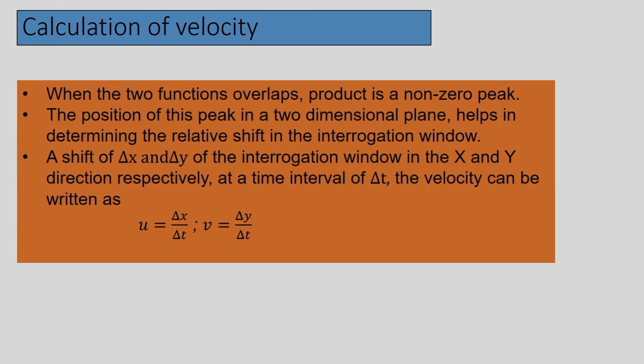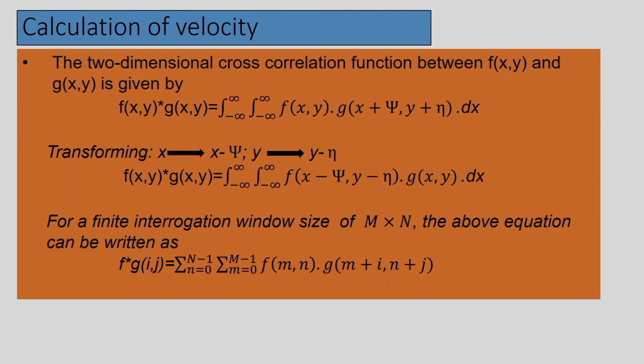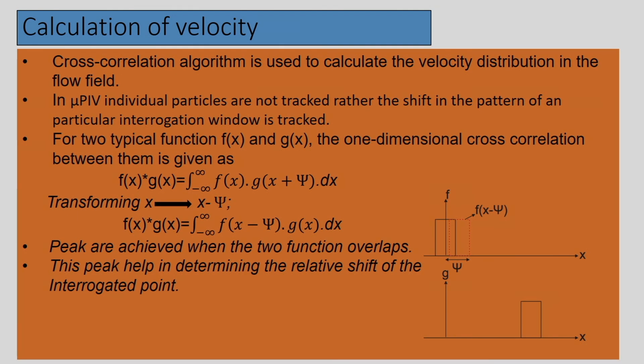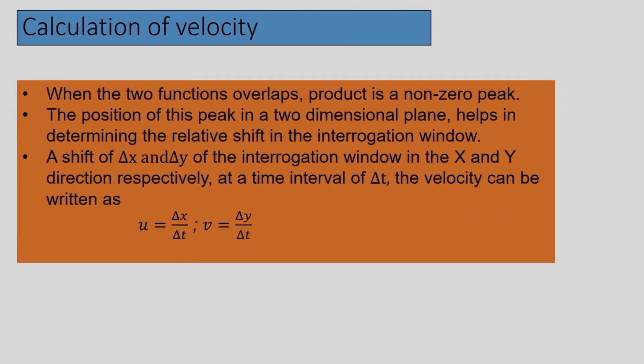Initially we consider f(x,y), the first frame is advanced, and when it overlaps with g(x,y) we find the peak value. From the peak we can measure the shift delta x and delta y of the integration window in the x and y directions respectively, at a time interval delta t.